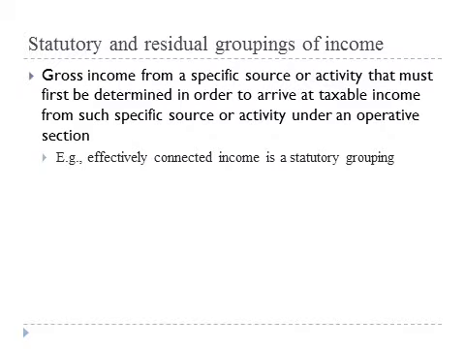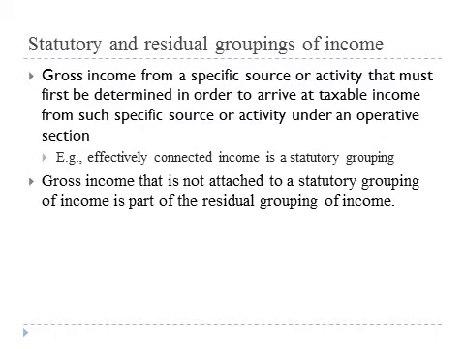One of the operative sections that gives rise to statutory groupings and which is of most concern in this lecture is effectively connected income. Gross income that is not attached to a statutory grouping of income is part of the residual grouping of income.